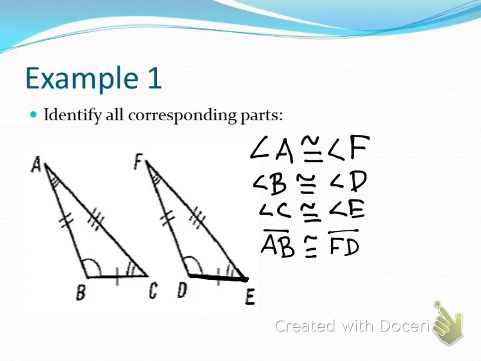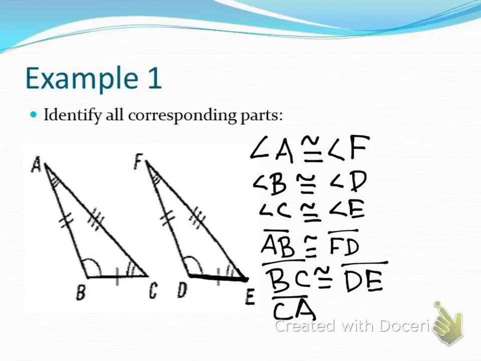And I'm just going to go around that first triangle, so then I'll have BC matches with DE. And then CA matches with EF.